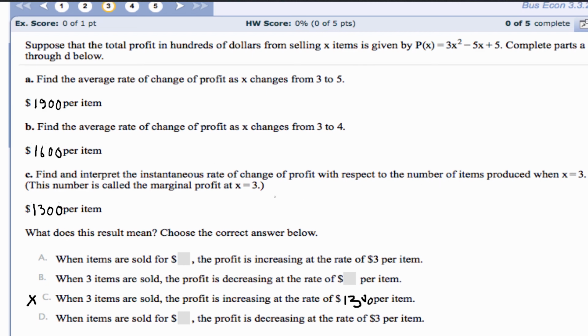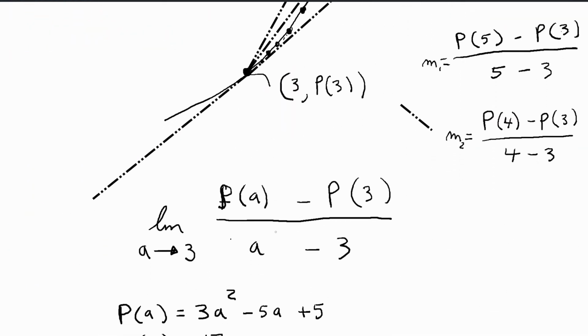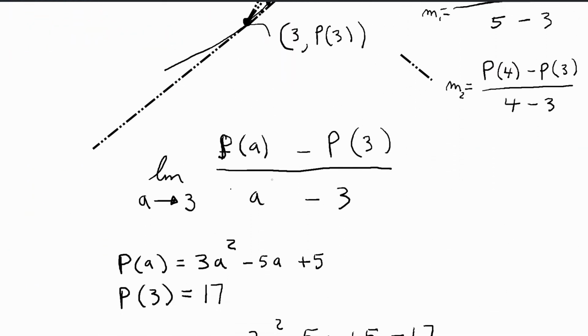So you would calculate this limit here, except if x is equal to 5, then this here is going to be not a 3, but in fact, it would be a 5.